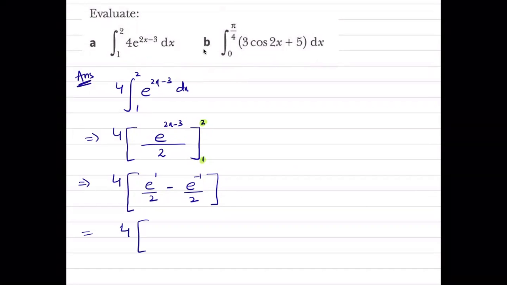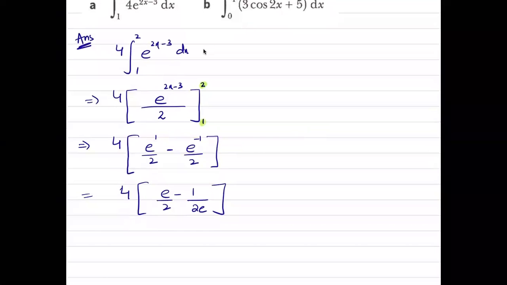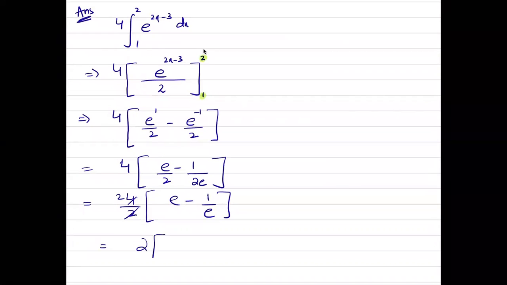This is e minus 1 upon 2e. I can pull out 2 outside, so it's going to be e minus 1 upon e. So the final answer is 2 times e minus 1 upon e.